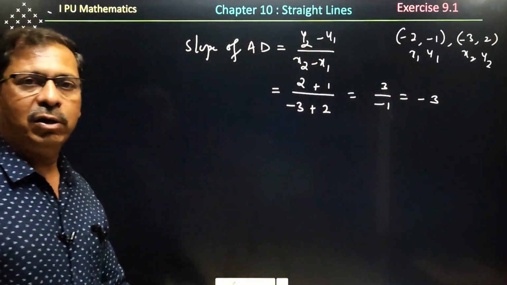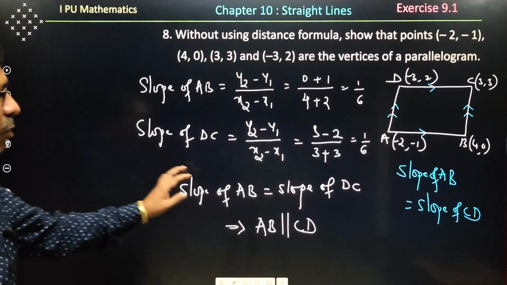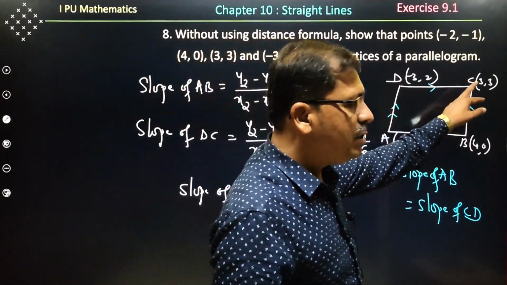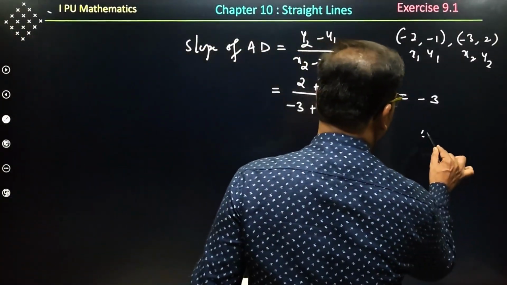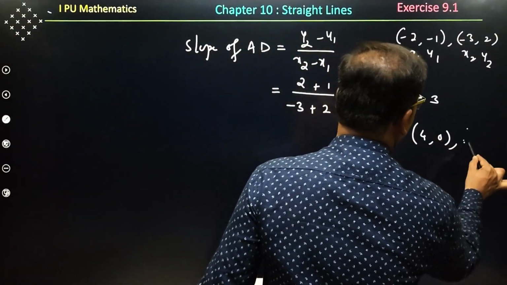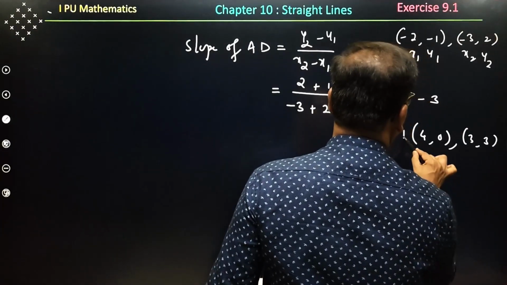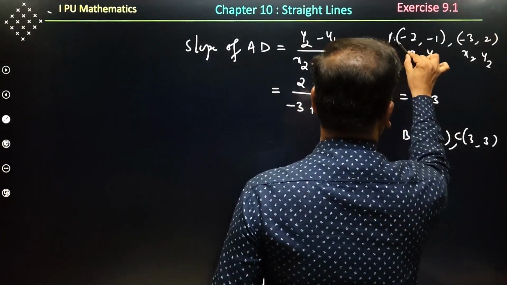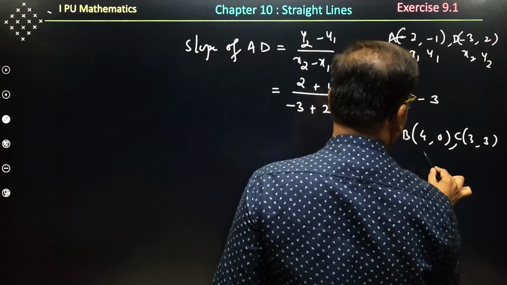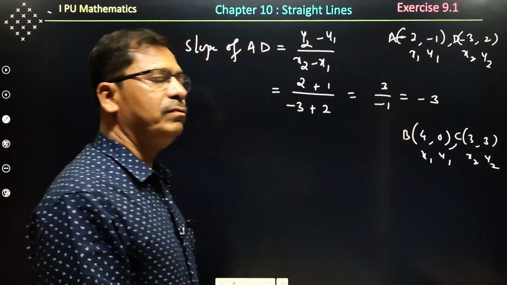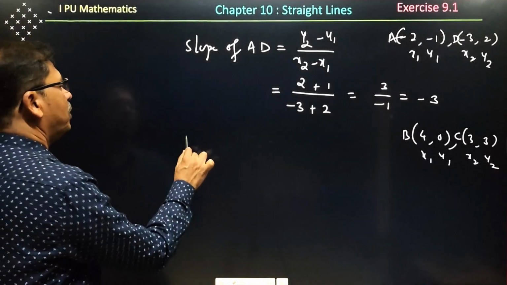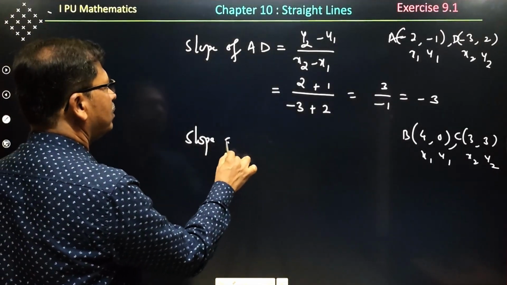Slope of AD I have calculated. So next, what does it need to calculate here? Slope of BC you need to calculate here. B is 4, 0 and C is 3, 3. A and D you have calculated already. See, this is x1 y1, this is x2 y2 for your calculation. Let us use the formula to calculate the slope of BC.